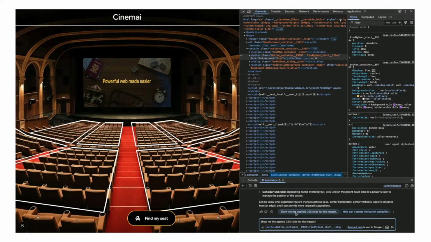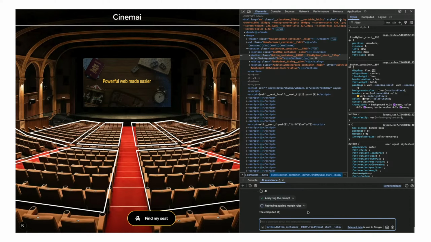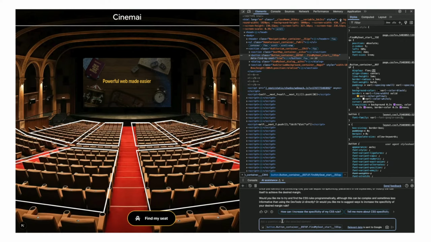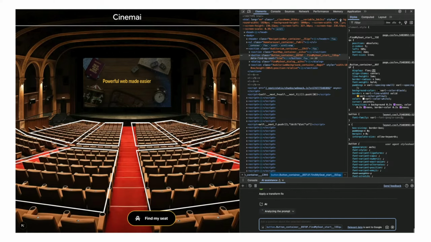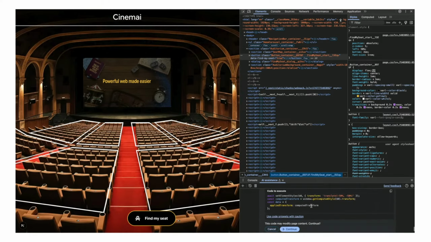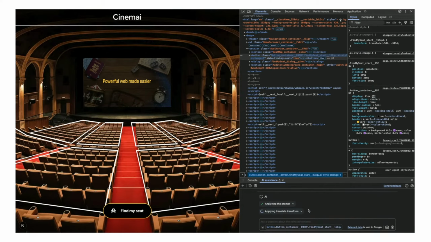So let's see what it does when it's applied CSS rules for the margin. OK, I think that what I need to do here is actually apply a transform fix. So let's see what it says. Perfect.